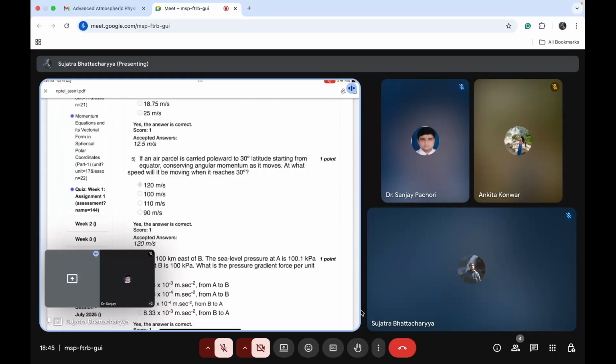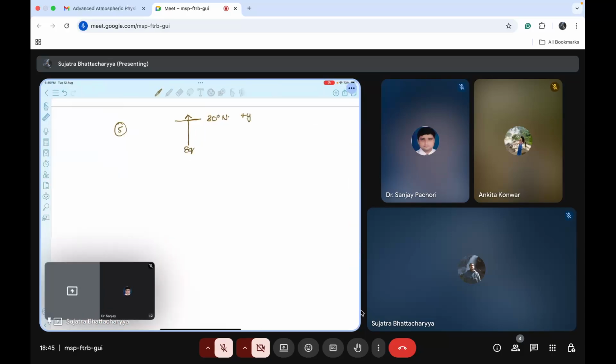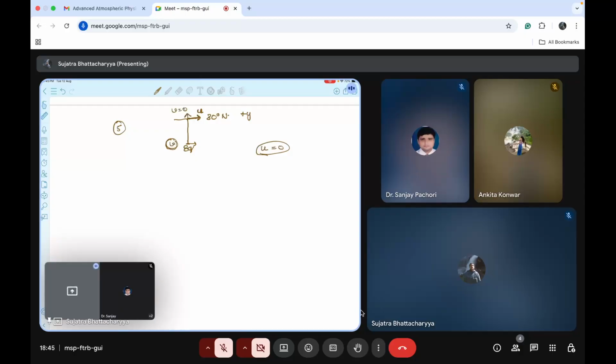Initially at the equator, we will assume that the zonal velocity, meaning the x direction velocity, is zero. Actually, they want at 30 degrees north what will be its u. Suppose v is zero here and some v is here, where v is the y direction velocity. So at the equator, the air parcel has some velocity through which it is moving northward, but after coming here, it is completely zonal.